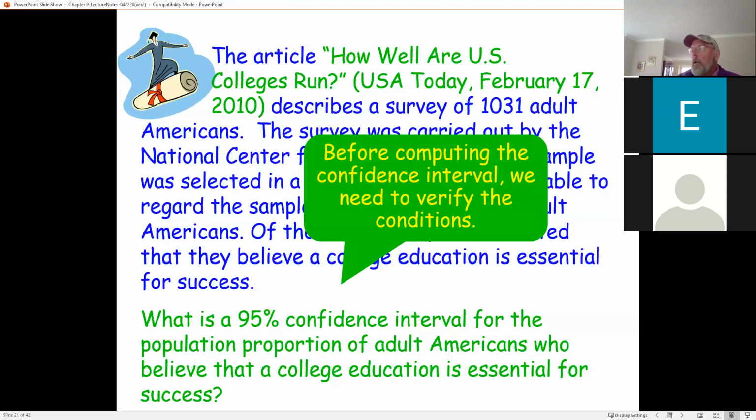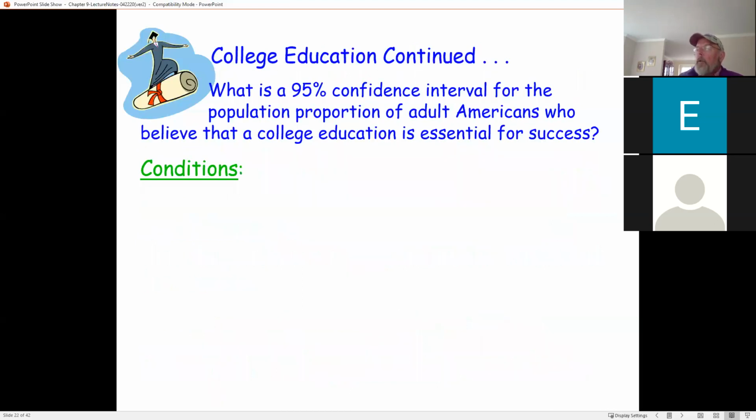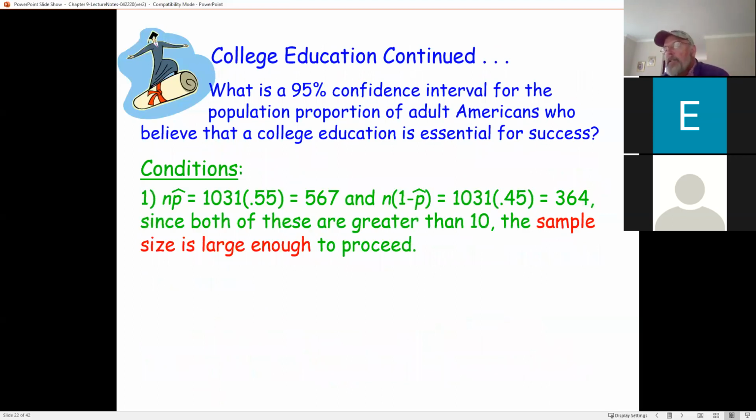Okay, so we need to verify all the conditions. First, is the sample size large enough? Of course, we have 567 here and 364 here, and both are greater than 10.